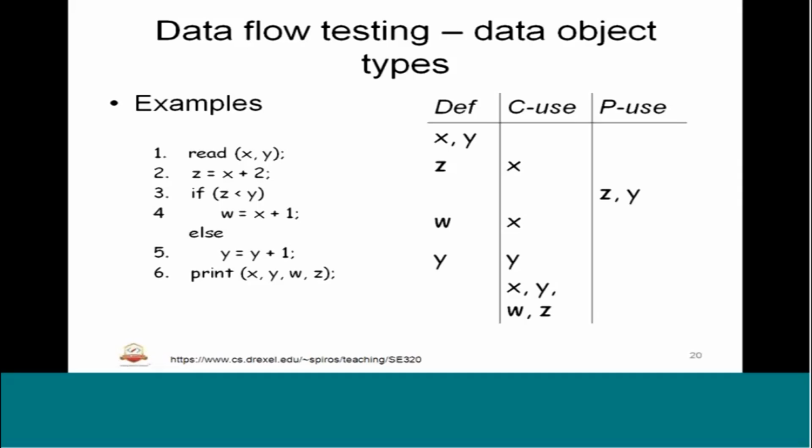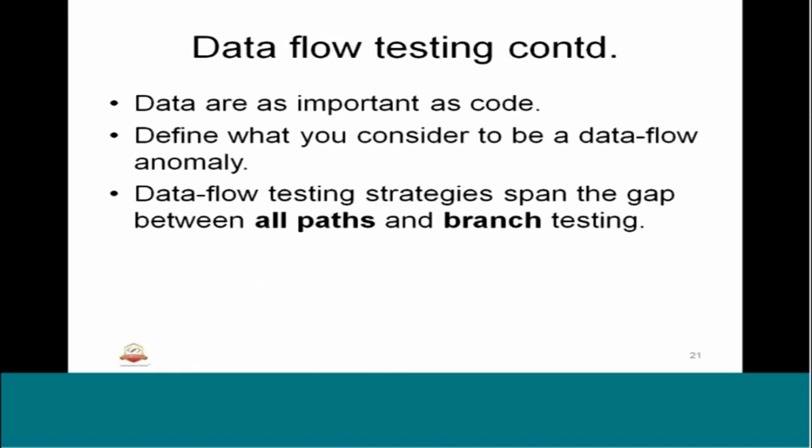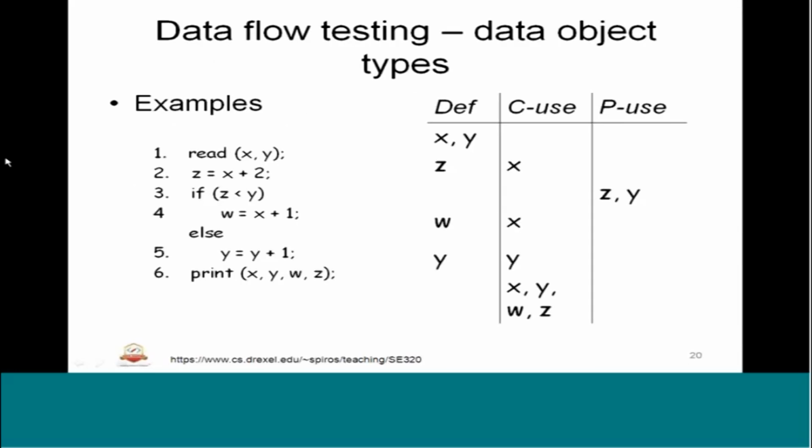It should be tested against the intended functionality or the specification of the system under test. So if there are gaps between the paths in the statements and the branch or the decision, the data flow will augment them in terms of strategies. Each of these lines of code having the data objects will be analyzed using different values. For example, x and y as per specification can take values between 0 to 10.